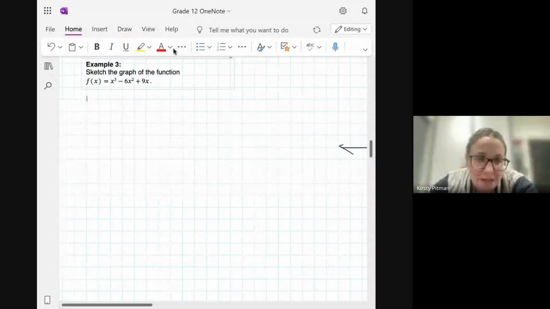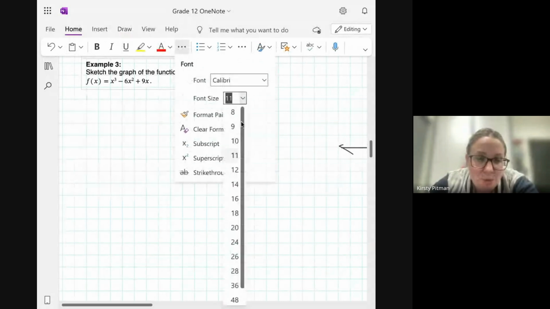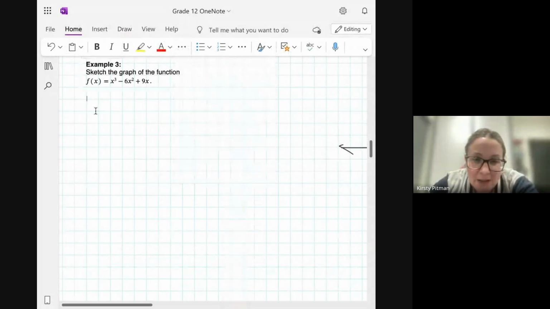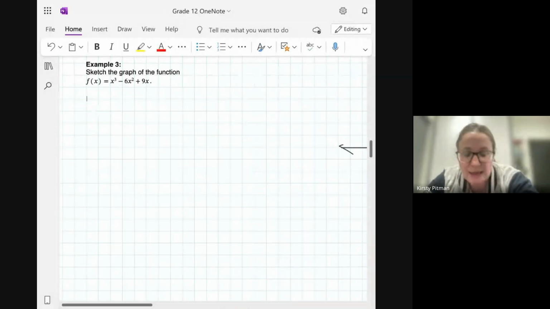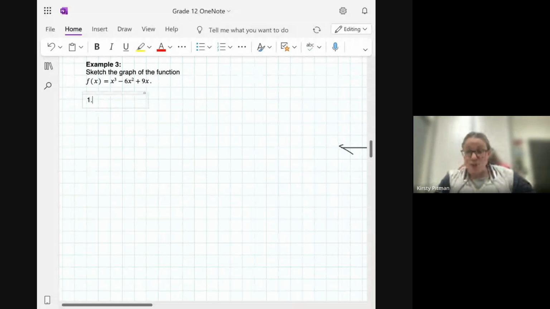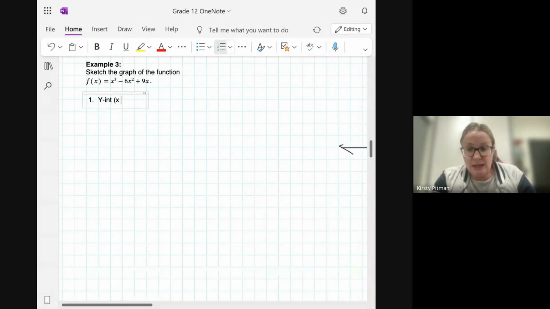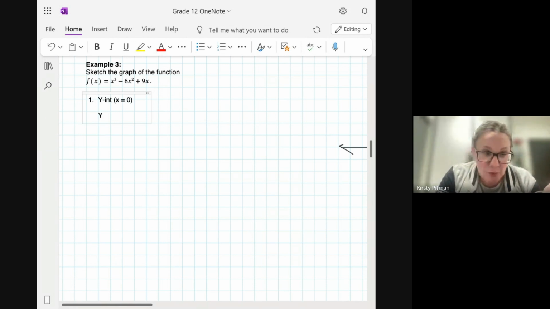Okay, teacher Sam said, what's step one? Step one is find the y-intercept. To find the y-intercept, what do we need to do? How do you find the y-intercept? You make x equal to 0. So f of x is the same thing as saying y. So I'm going to say y equals, or you can write f of x if you really want to.